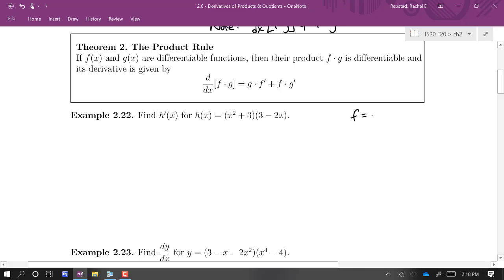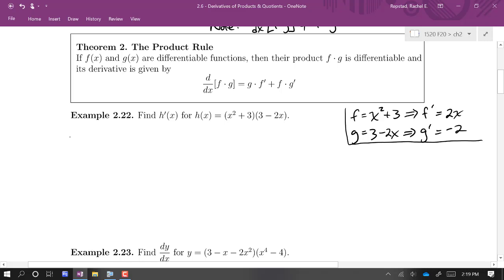So f is x squared plus 3, and its derivative, f prime, using our rules from the last section, is 2x. Our g function is 3 minus 2x, and g prime is negative 2.